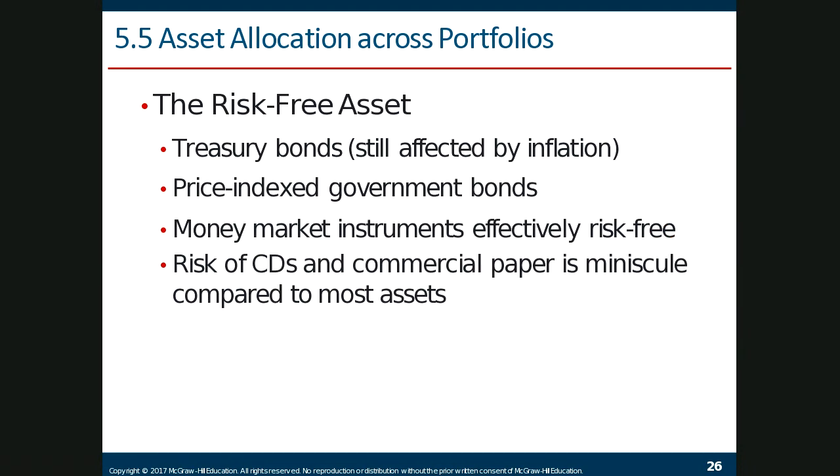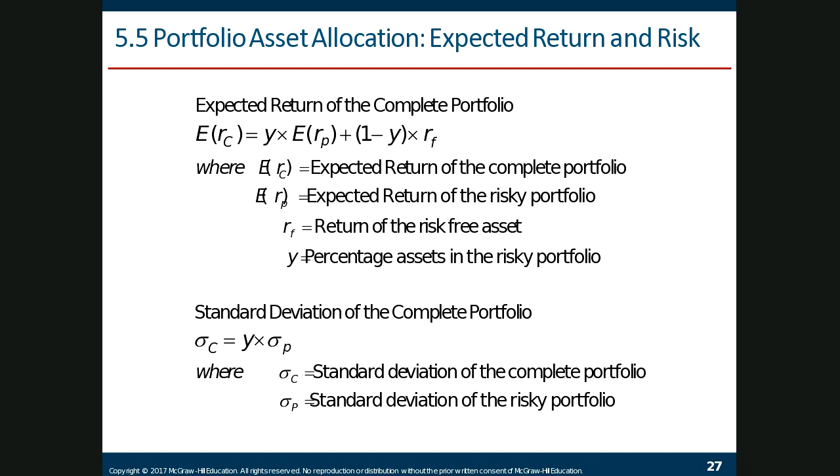Risk-free assets are money markets, treasury bills, price index and government bonds, money market instruments, risk-free CDs, and usually. And the question of a portfolio asset allocation is essentially, first of all, we're going to calculate the expected return.